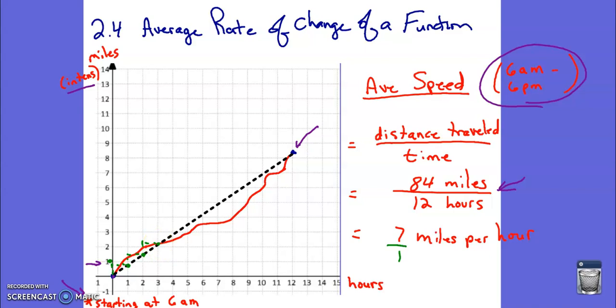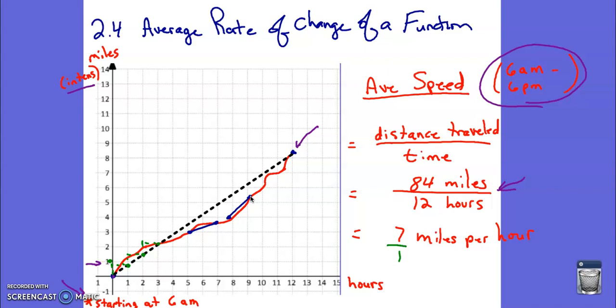You can actually use any 2 points that you want. I could have asked you for the average rate of change from here to here, or from here to there. But I'm asking you basically from the beginning to the end. I could ask you something more specific, like between hours 6 and 8, or between 10 and 12.